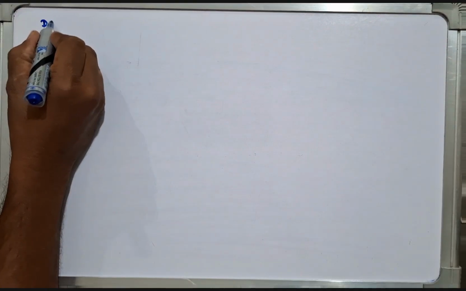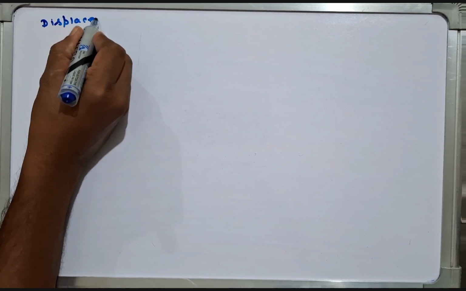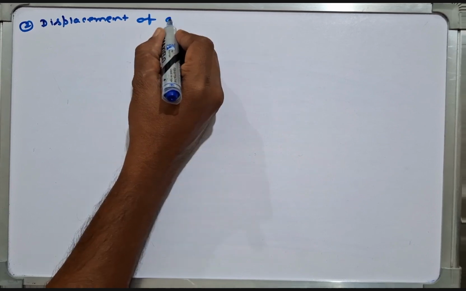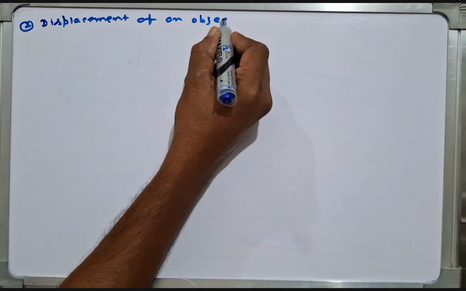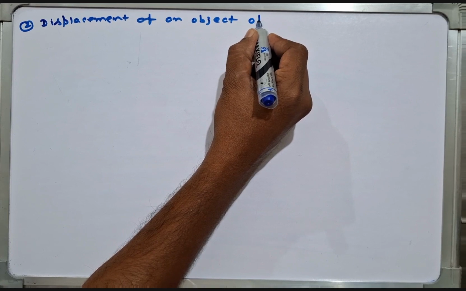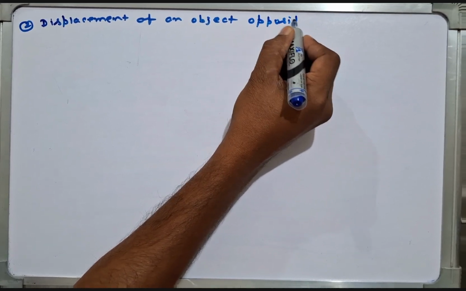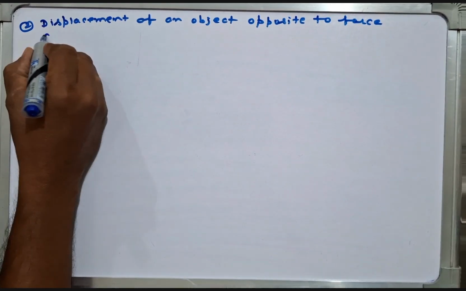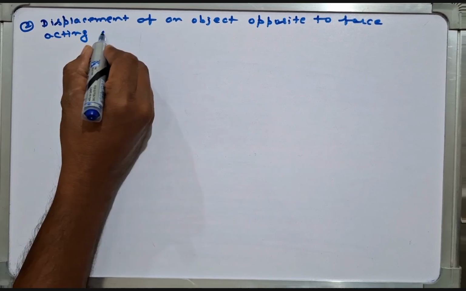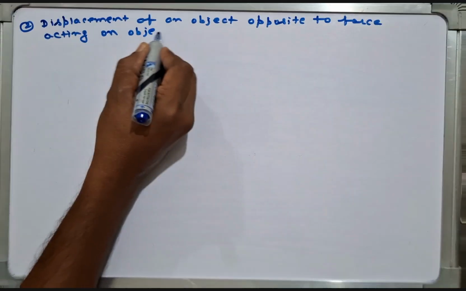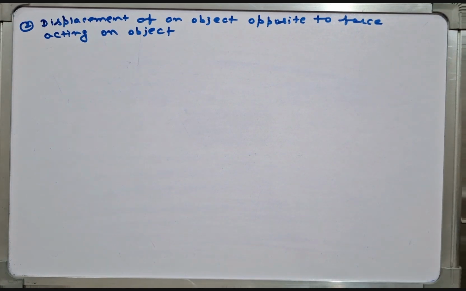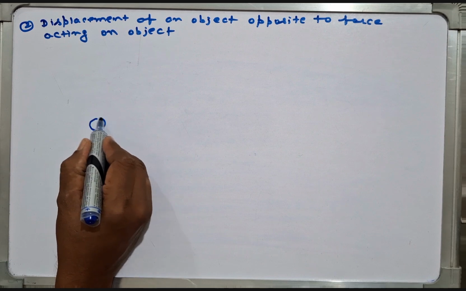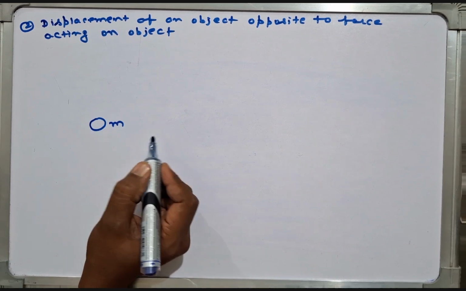Now see the second case. Here the displacement of an object is opposite to the force acting on the object. Suppose this one is a ball, say its mass is m.